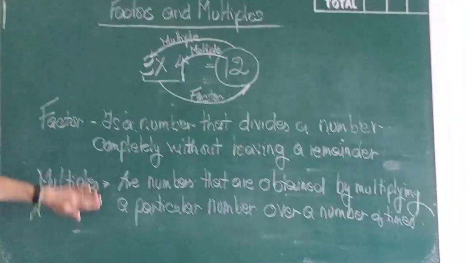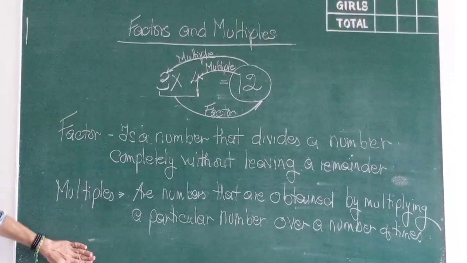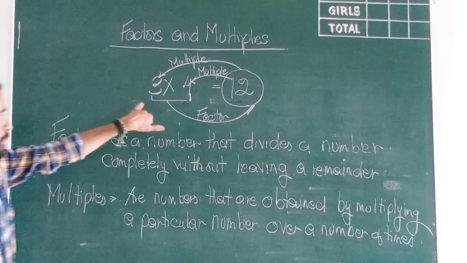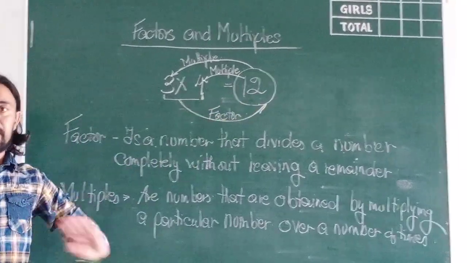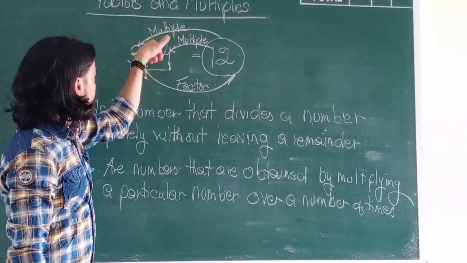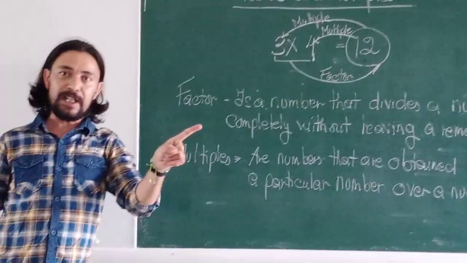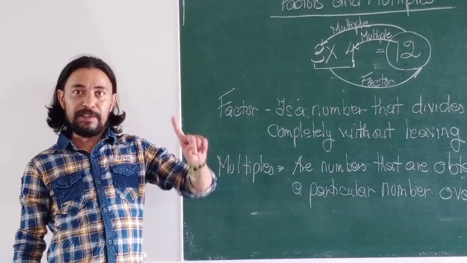You can copy all of this into your notebook before we start the next exercise. This has to be copied exactly the way I have given it. Remember, 3 and 4 are factors of 12 because 3 and 4 divide 12 completely without leaving a remainder. And 12 is a multiple of 3 and 4 because 12 comes in 3 times table and it also comes in 4 times table, because 3 4s are 12 and 4 3s are 12.